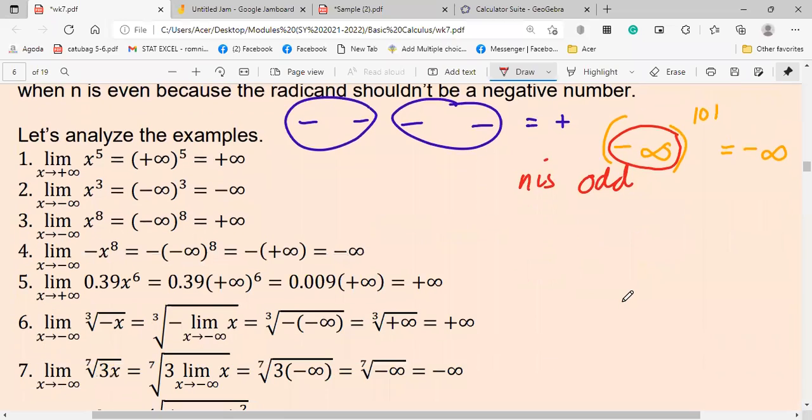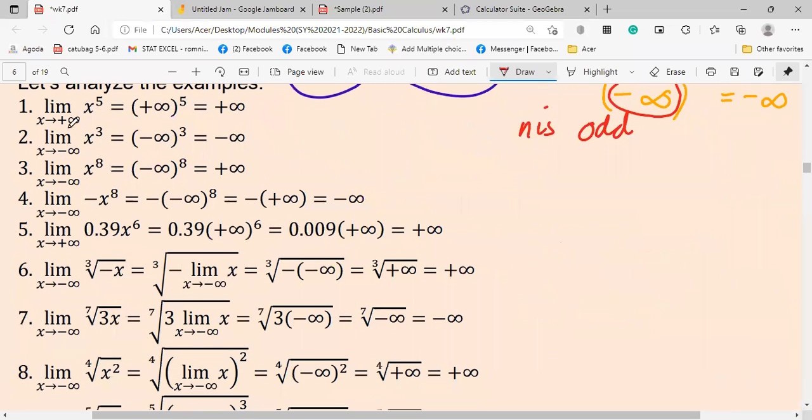So katulad nitong example number 1. Kapag paghiwalayin mo to using the power rule, ang ibig sabihin niyan, limit of x as x approaches or keeps on increasing raised to 5. Identity function kasi ang y equals x, so gagayahin niya yung ginagawa ng x, so that is positive infinity raised to 5.